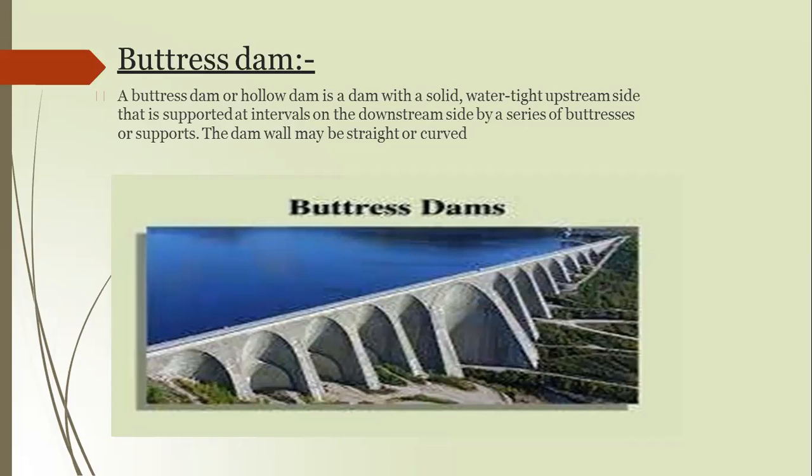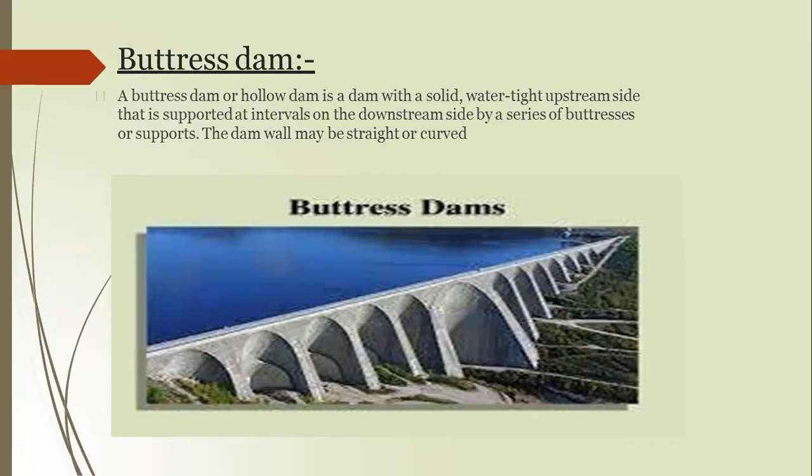Now, why is this used? To provide more stability. These sloping walls, sloping segments with equal intervals and symmetrical shape, can be used to provide more stability, along with a series of buttresses or supports. Buttresses are nothing but supports.